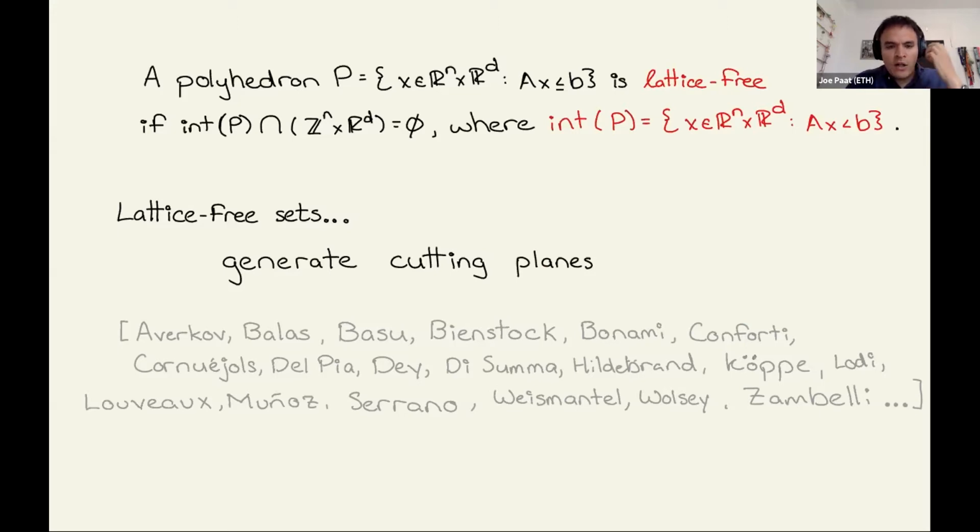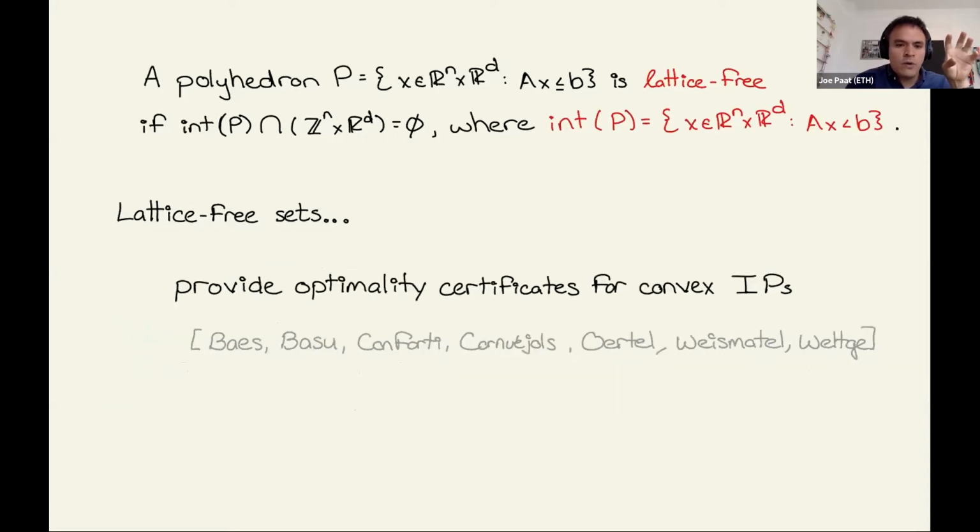In this talk, we change gears and consider how lattice-free sets can be used to certify optimality for convex integer programs. The list of authors who have worked on this is much shorter, at least to my knowledge. So our goal is to use lattice-free sets to certify optimality for convex problems.